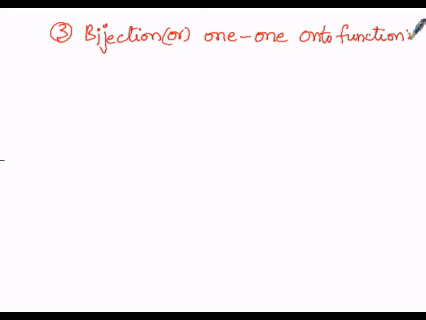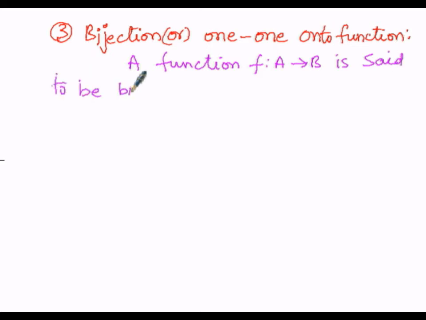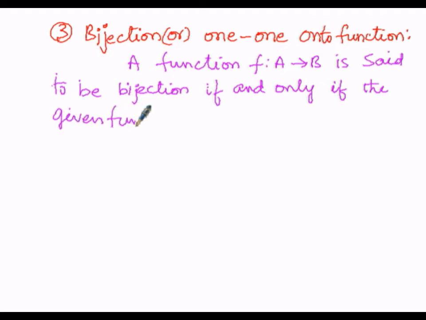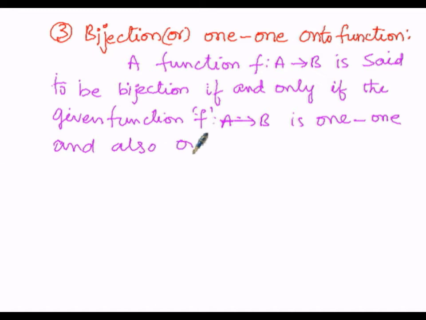So here the definition of a bijection is: a function f from A into B is said to be a bijection if and only if the given function f from A into B is one to one and also onto, that is an onto function.